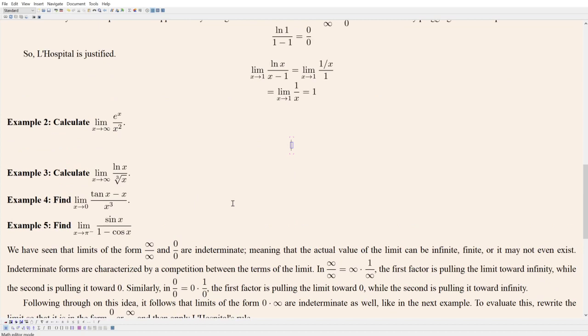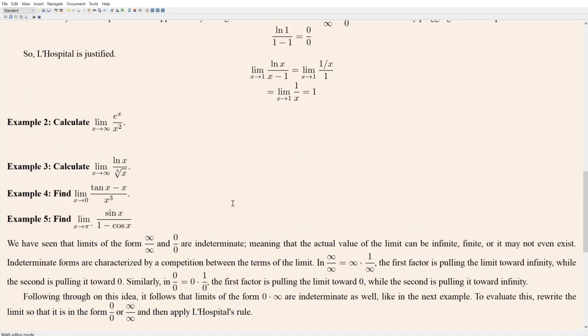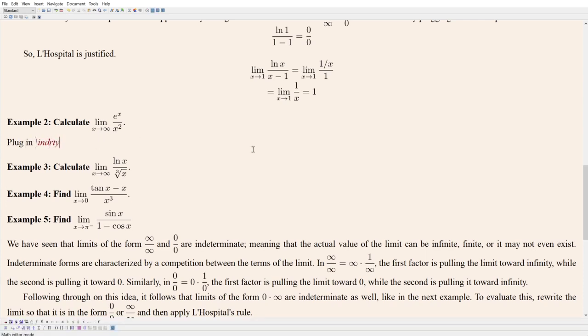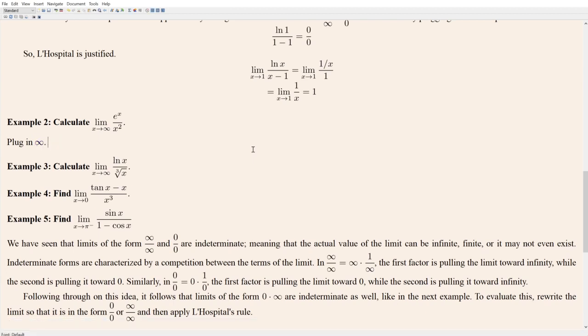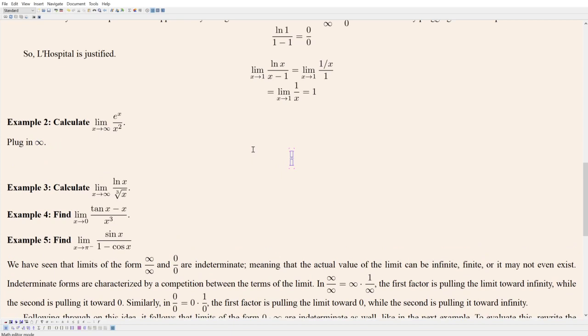So once again, first we need to verify that this works by quote-unquote plugging in the limit point. So here we're plugging in infinity. So let's see.